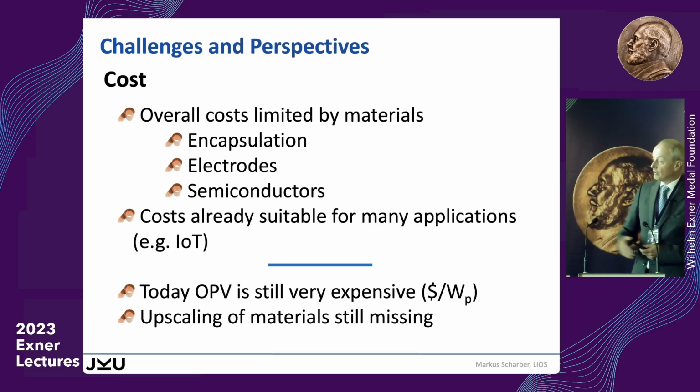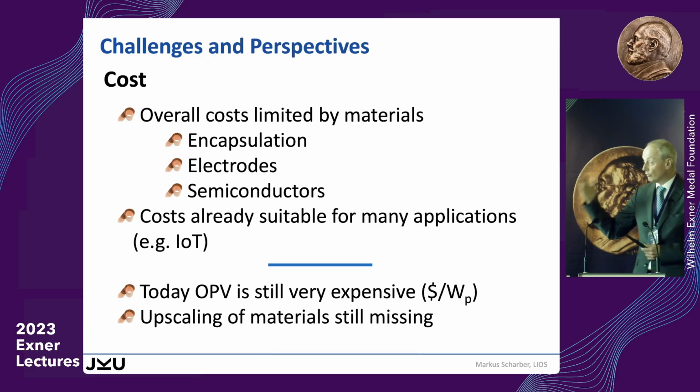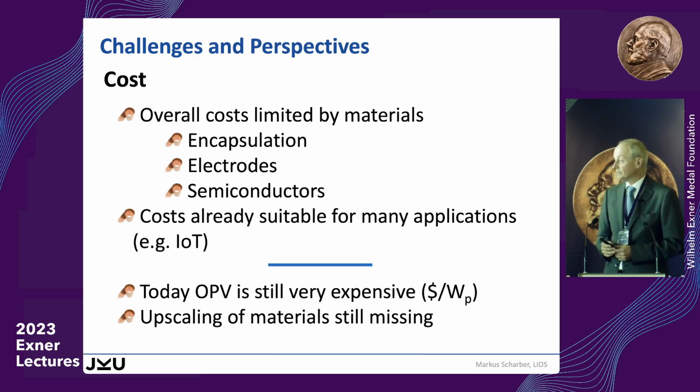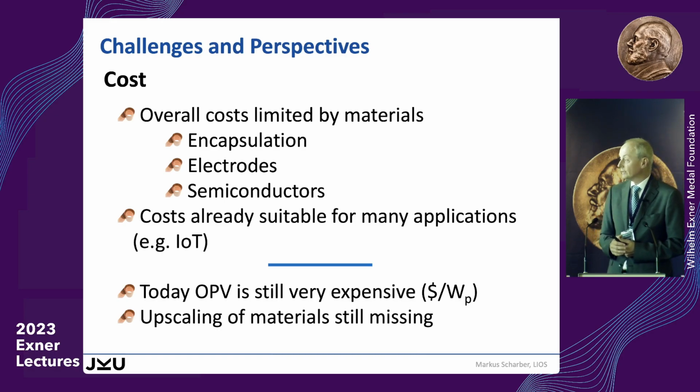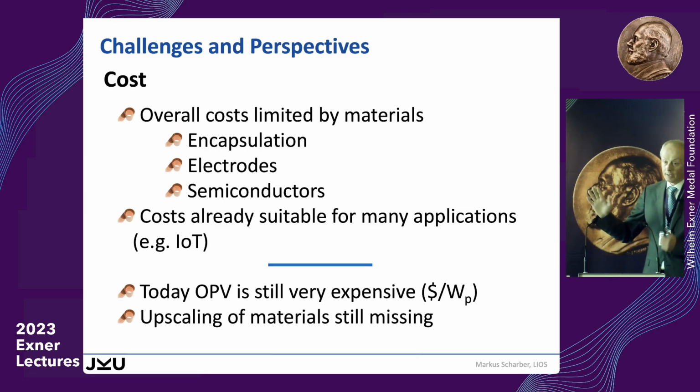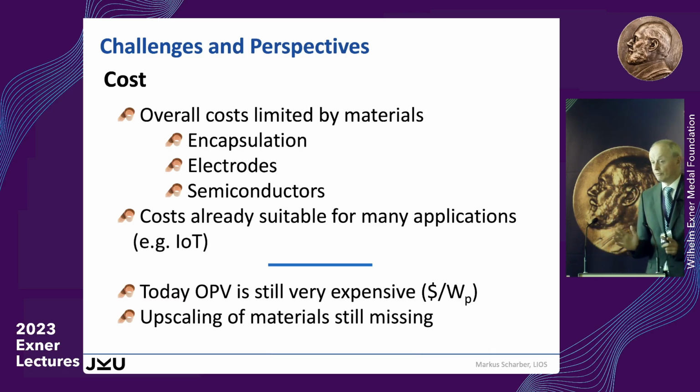Compared to silicon, OPV is still very expensive. Nevertheless, the costs for such semi-transparent devices or flexible ones which can be easily integrated into some objects are perfectly sufficient for various applications. If you try to power a small sensor with an OPV module, that's perfectly fine.